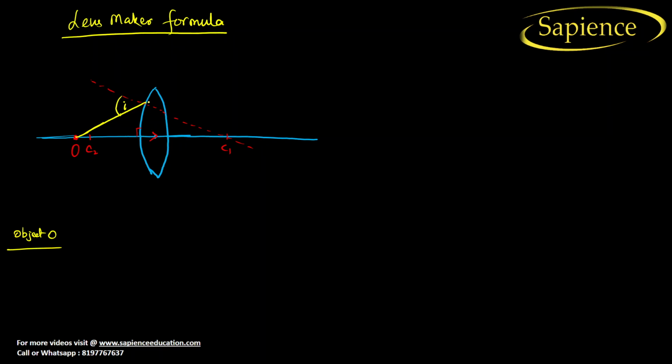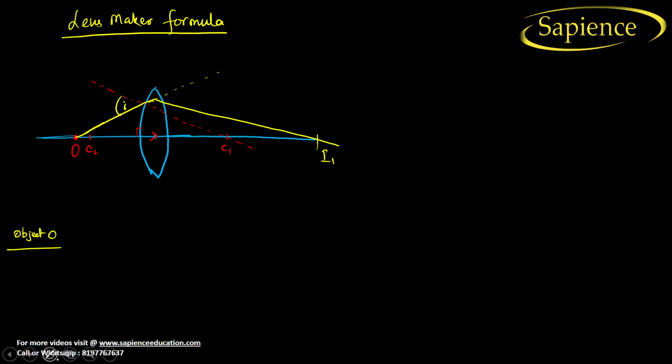Now if there were no lens, this light would go like this, but due to this lens it bends like this, and it makes an image. I'm just talking about the left part of the lens. Due to its bending, it has made an image at this point, and this image is considered as I1. Got it?